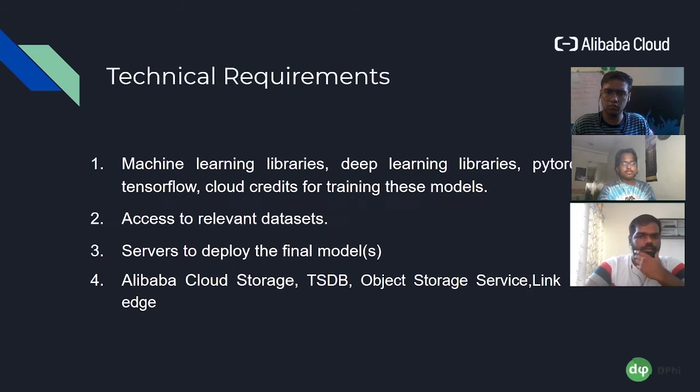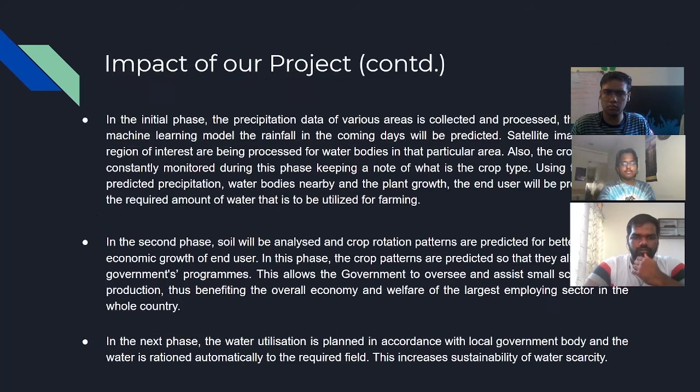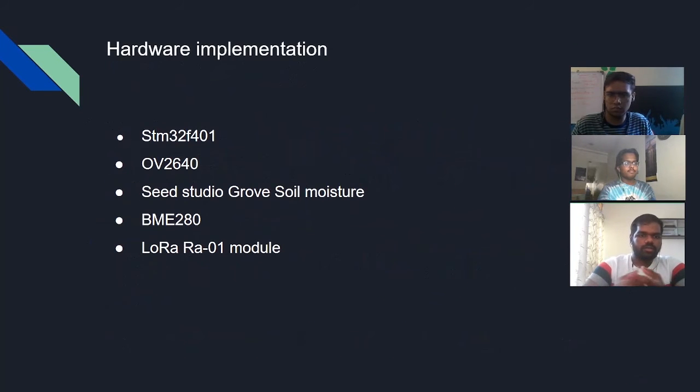Moving on to the software implementation. In the software implementation with regard to IoT, we use embedded C to program the microcontroller. And we plan on using various Alibaba Cloud services such as TSDB, Object Storage Service, and Link IoT Edge.